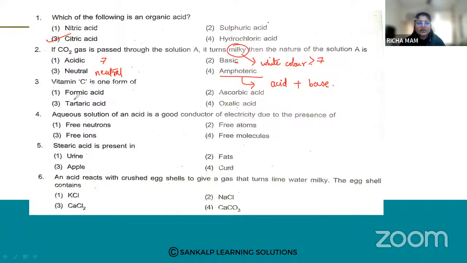Can you tell me, if carbon dioxide gas is passed to solution A and it turns milky, then what will be the nature of solution A?